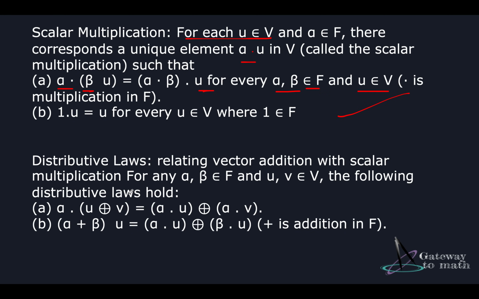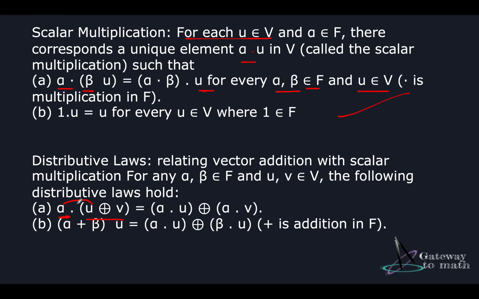Okay. Distributive laws relating vector addition with scalar multiplication: for any alpha comma beta which belongs to the field and u comma v which belongs to V, the following distributive law holds true. So this is a scalar value, and either you can multiply it with the addition of two vectors, or you can individually multiply them with a vector and then add.